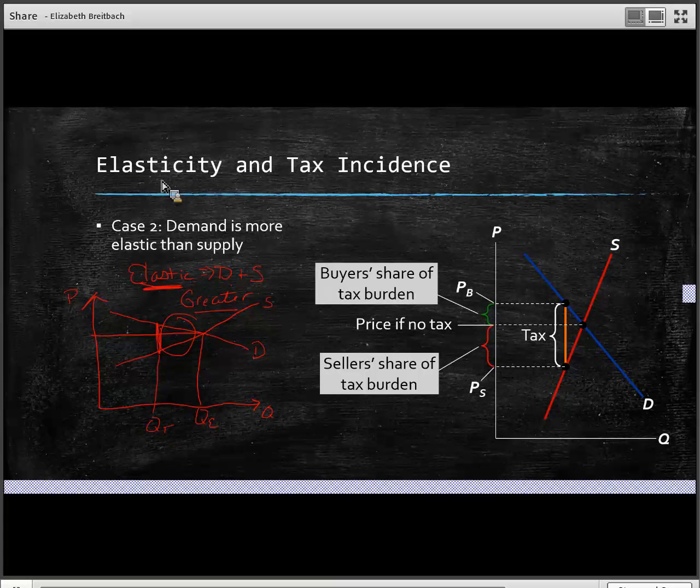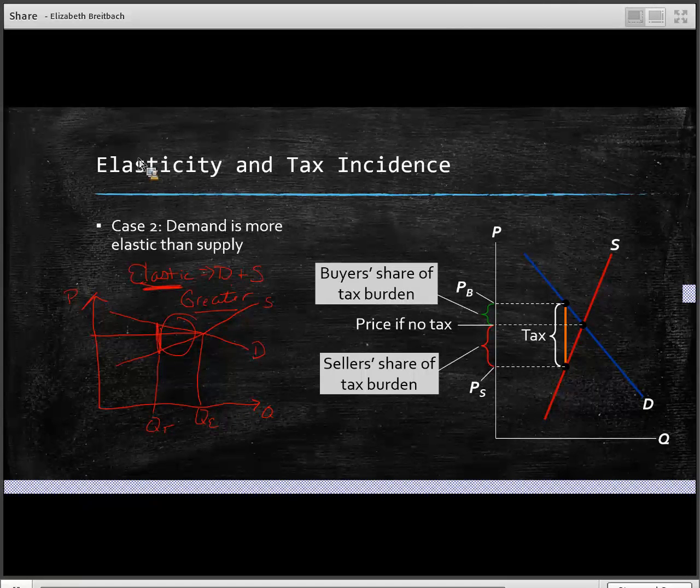The goal of policymakers is typically to make the effect minimal on the market, unless they're trying to really discourage the consumption of something. And so when we see this tax on the market, typically we're aiming to put the tax on goods that have very inelastic demand and supply so our markets don't change very much.